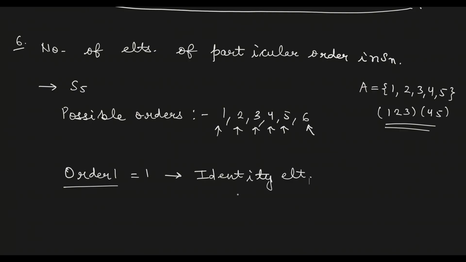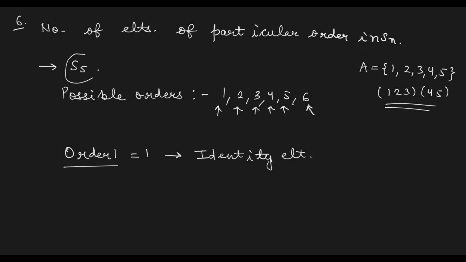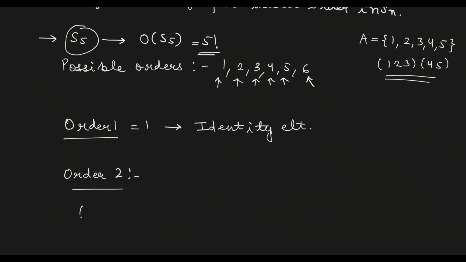Now without writing this S5 group, I want to know how many elements of order 2 are there, because in total the order of S5 is 5 factorial. So it will have 5 factorial elements. So an order 2 element can be like this: 1 2, 3, 4, 5. This is order 2.